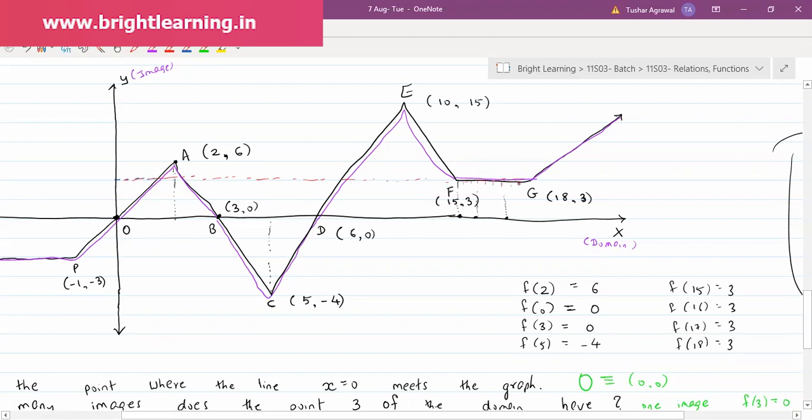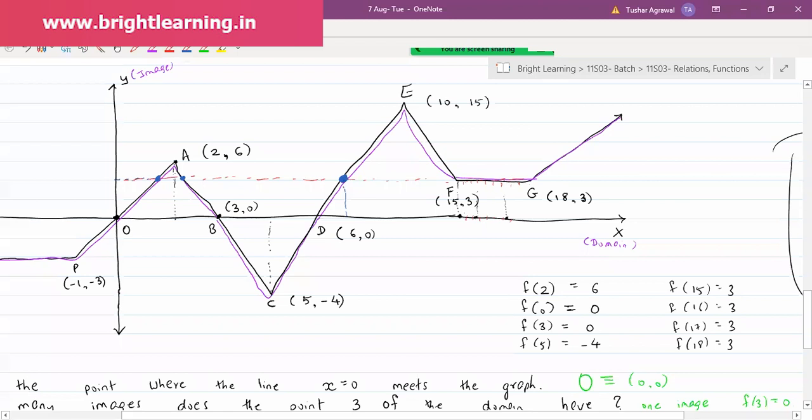All these points, meaning all these corresponding x coordinates, are the points of the domain which have 3 as their image. Even this point, see here. I don't know what the x coordinate of this point is, but whatever it may be, even this point, these 3 different points along with this, all these infinite points.